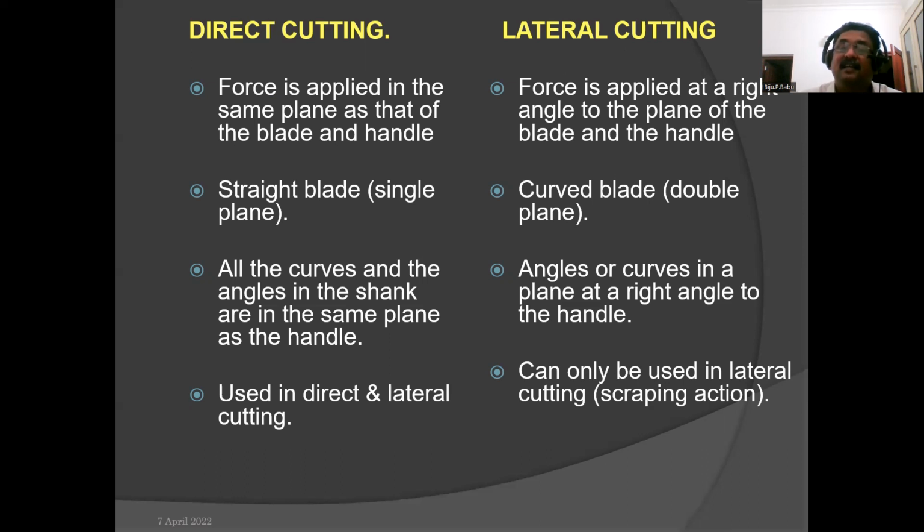If the blade is curved, you call it a double planed instrument, or lateral cutting instrument. Angles or curves in the plane are at right angle to the handle. So the cutting action is in the lateral direction, perpendicular to the long axis of the handle. It can be used for lateral cutting or scraping action. For example, the spoon excavator or the gingival marginal trimmer are lateral cutting instruments.